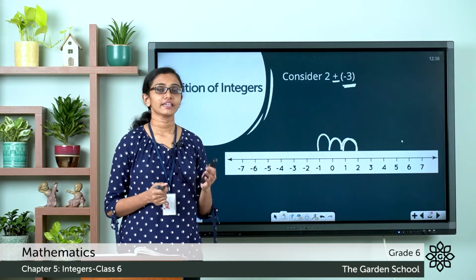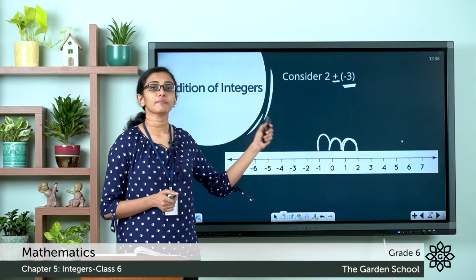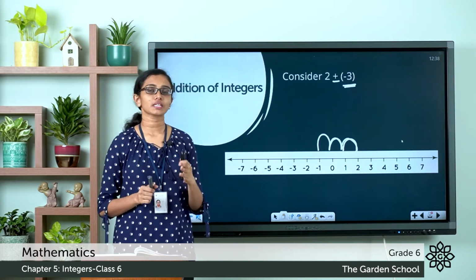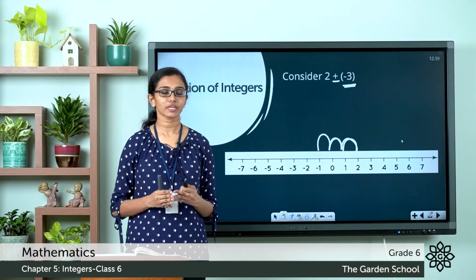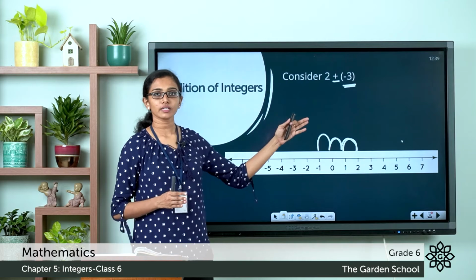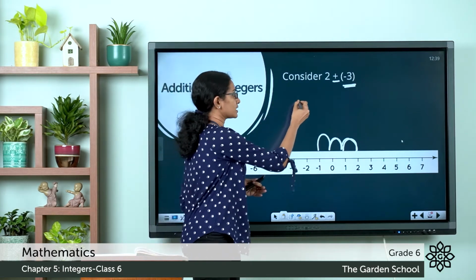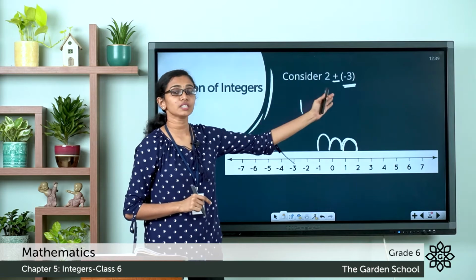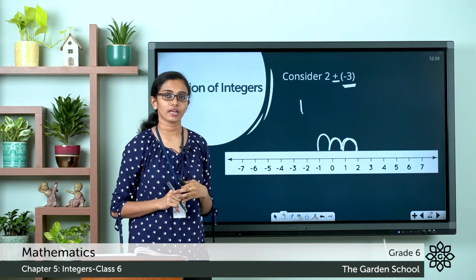Now you see here we have to add a positive integer and a negative integer, so 2 integers with different signs. So what you can do here is just subtract the 2 integers. So just subtract 3 minus 2 and it is equal to 1. And here you have to put the sign of the integer with the greatest numerical value.